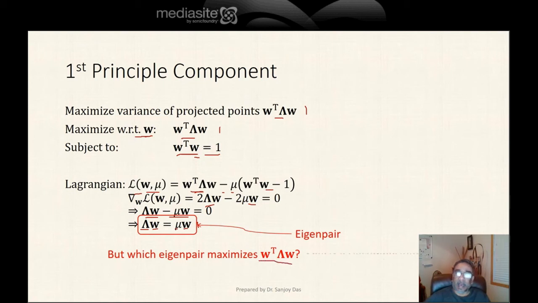And the answer lies in the spectral decomposition theorem. So what should be W? We know that W will be an eigenvector of the covariance matrix lambda, and from the spectral decomposition theorem we know that it's going to be the eigenvector with the largest eigenvalue. So it's going to be V1.